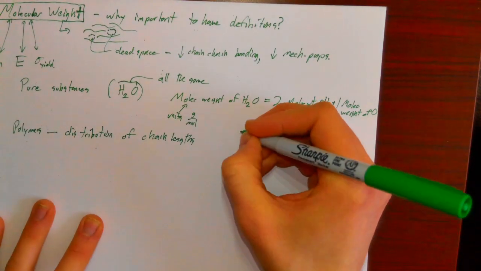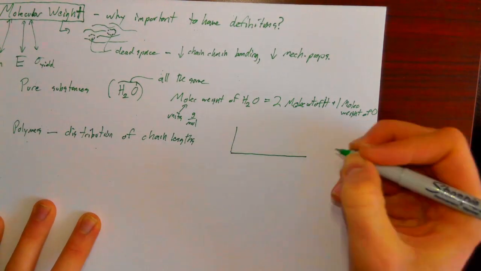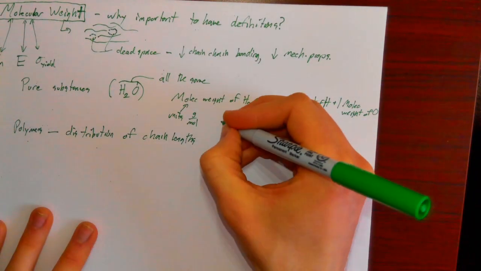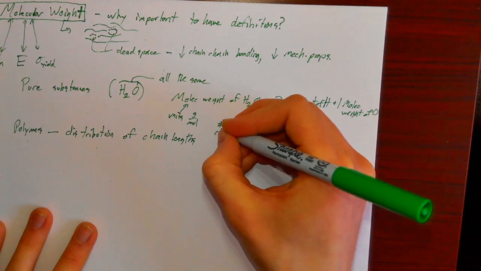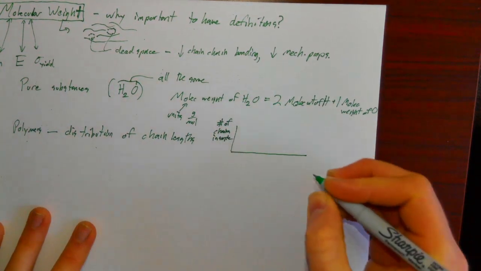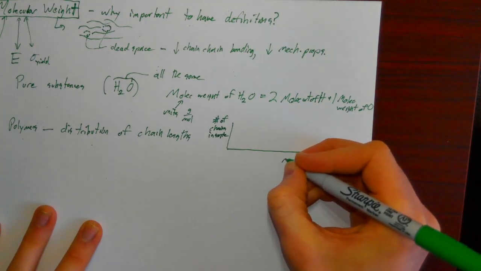So, for example, you might have some kind of plot here where we basically have the number of chains in your sample, and the molecular weight of each chain.